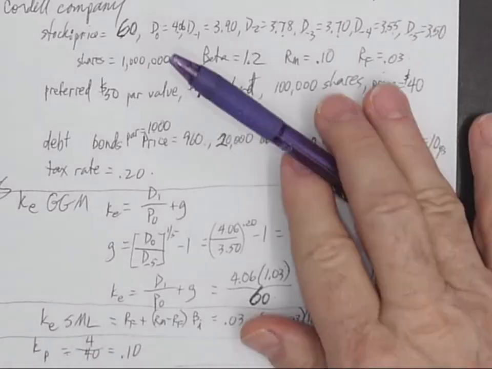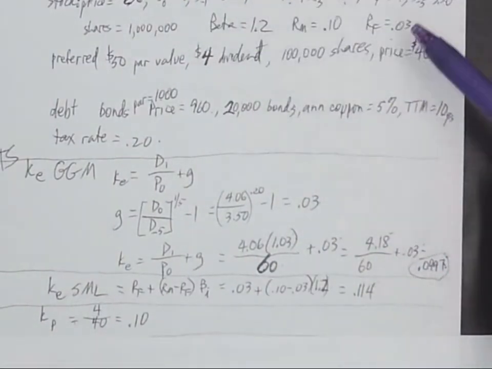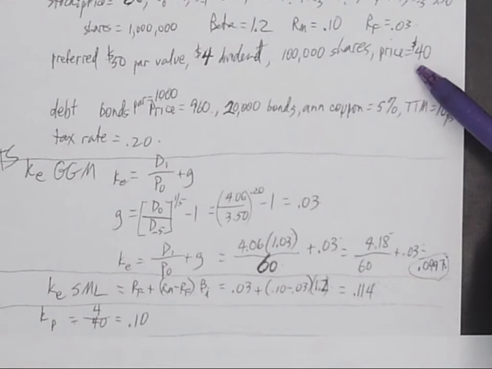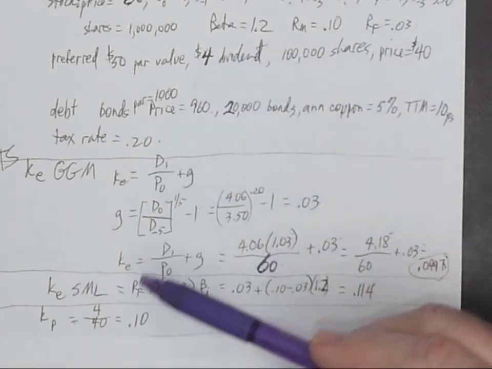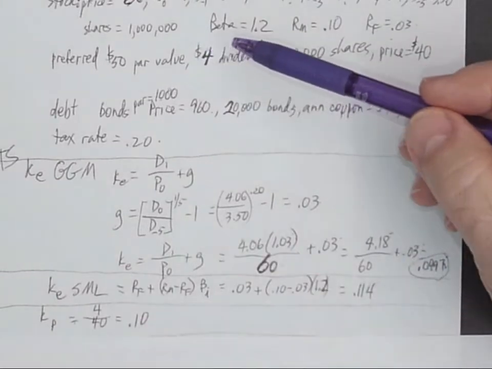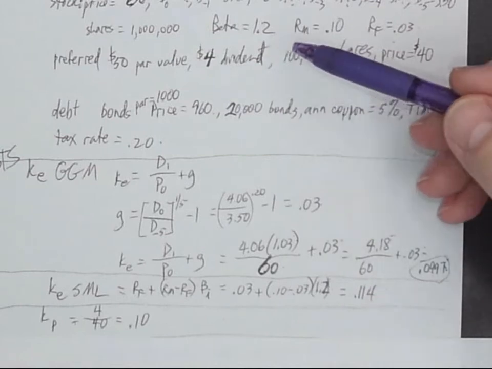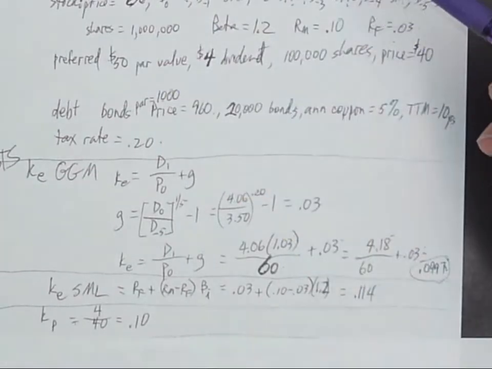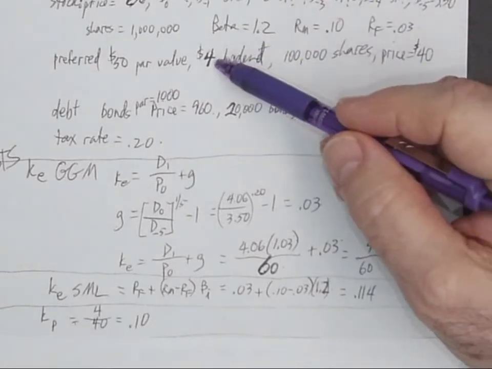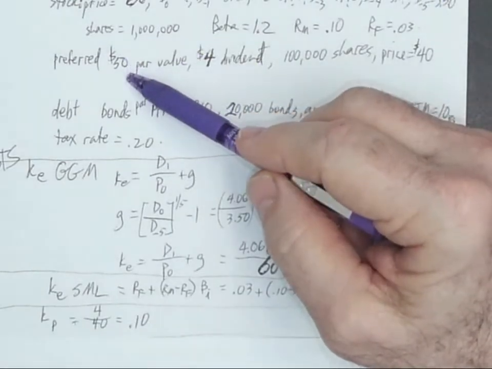For preferred stock, we just take the $40 price and the $4 dividend and divide them, and that gives us 10%. I should say again, with preferred stock, it could say it's an 8% preferred, and that is $4 dividend divided by $50 par value.